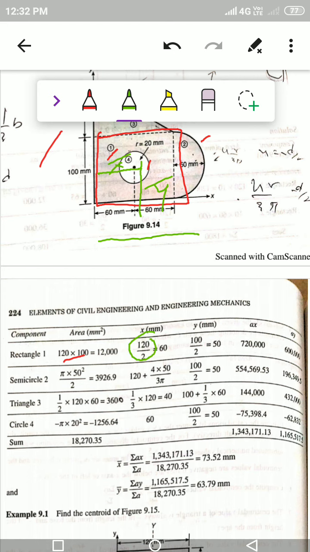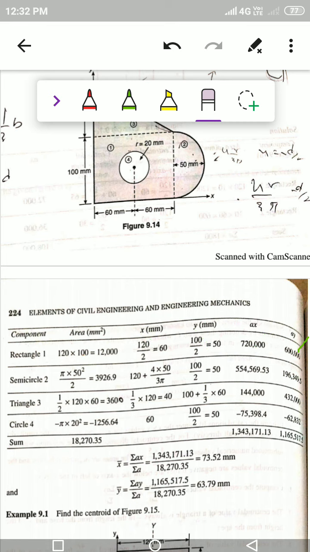And d is the depth of the rectangle, 100, therefore 100 divided by 2 is y bar. After that, for Ax and Ay, just multiply the columns and you will get Ax and Ay. So this is the centroid of the rectangle, the first geometrical figure, that you have calculated.